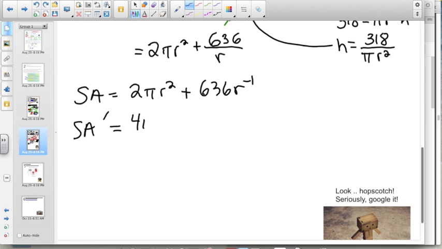So that's 4 pi r. And then what do we do here for the power rule? You gotta subtract 1, so 636 r to the negative 2. Okay. And so we know that once we do the first derivative test, we find a critical point if we set that equal to 0.